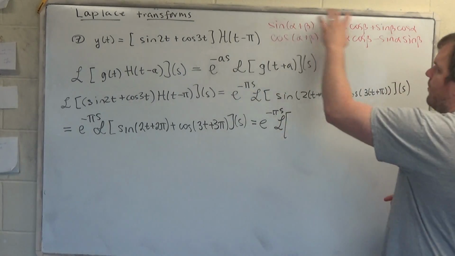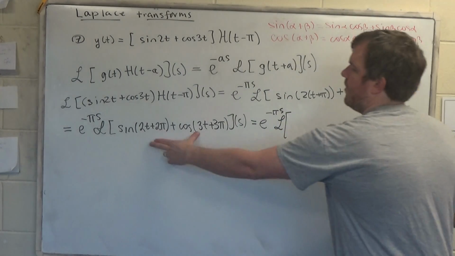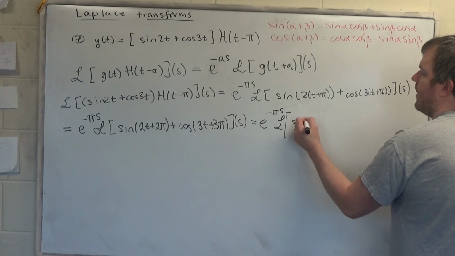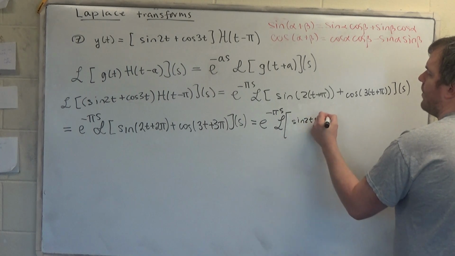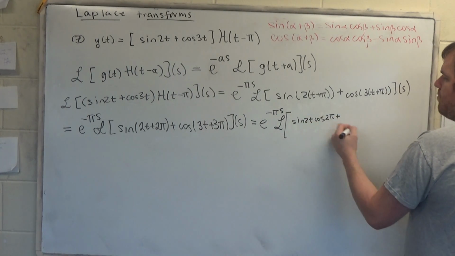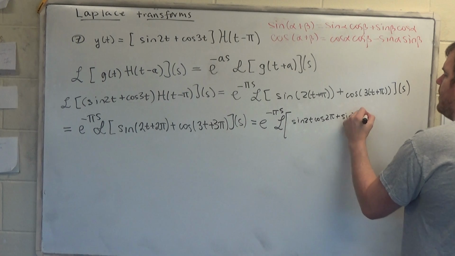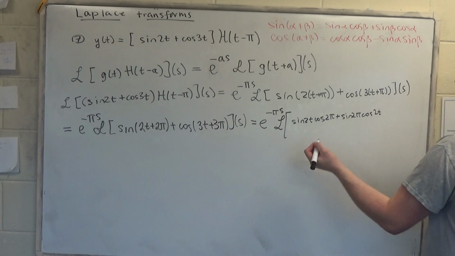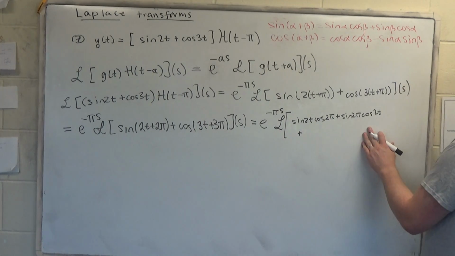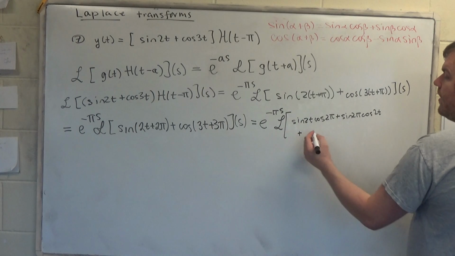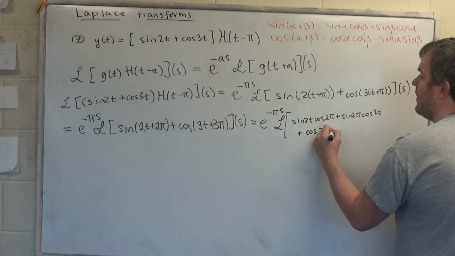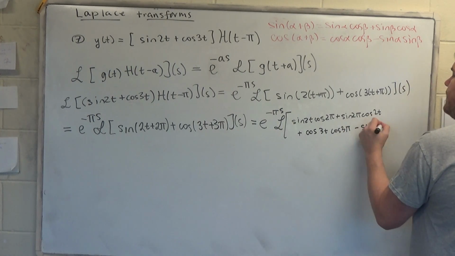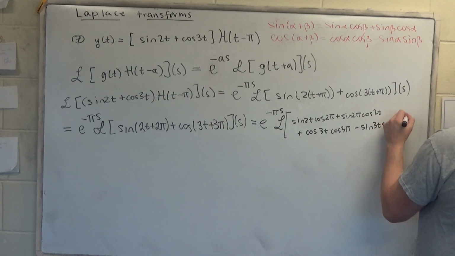So I'm going to use these two addition formulas to simplify the inside of this. This is sine of 2t cosine 2 pi plus sine of 2 pi cosine 2t plus, and so that's the term for sine. The term for cosine is cosine 3t cosine 3 pi minus sine 3t sine 3 pi.